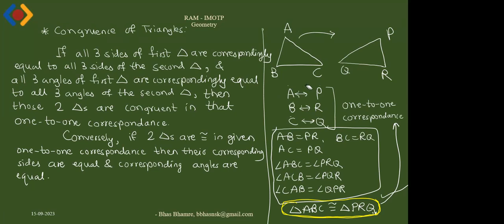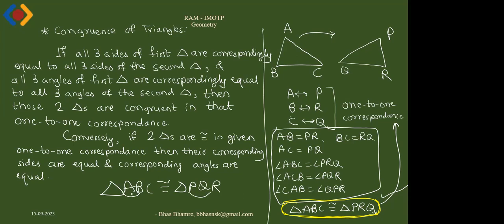What is the difference between one-to-one correspondence and normal correspondence? For example, in this figure, which I have drawn at the right corner, if I write here that triangle ABC is congruent to triangle PQR, then it means that AB is equal to PQ. Is AB equal to PQ in this figure? No. Why not?